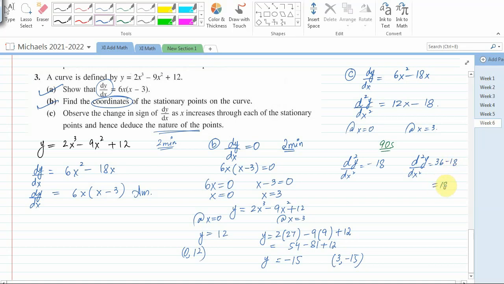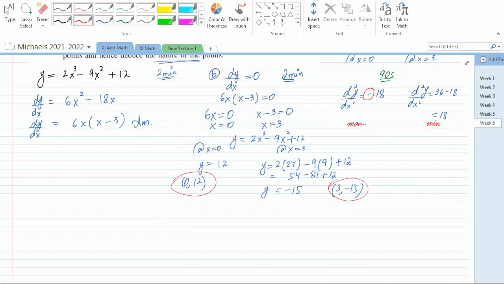What can you conclude from this result? When you have a negative sign, it means we have a maximum value, and when you have positive, it means we have a minimum value. So the point (0, 12) gives the maximum value, and the point (3, minus 15) gives the minimum value of the function.